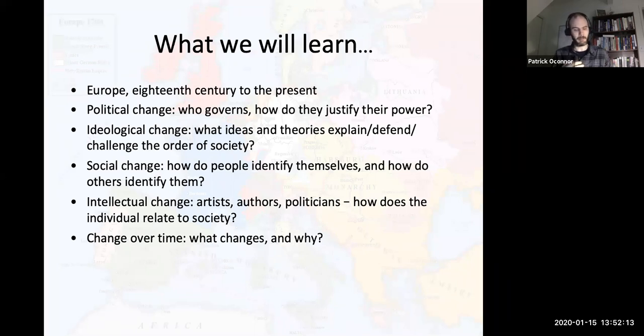And this is really important because we aren't necessarily studying some triumphal narrative where the future is always better than what came before and always leaves what came before in the past forgotten. That's not really how history ever works, and it's certainly not how it works in the period and in the place that we're talking about in this class.